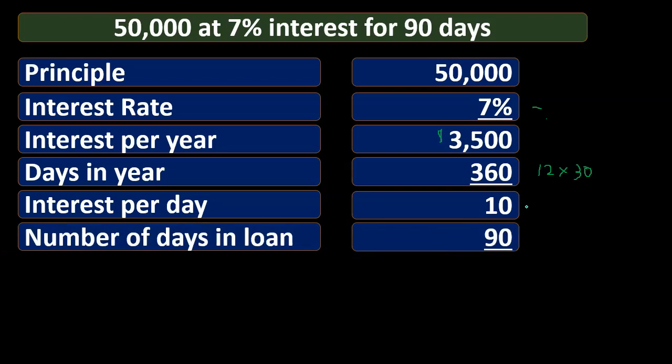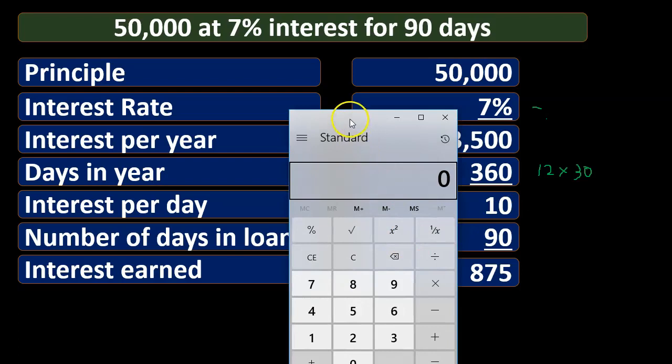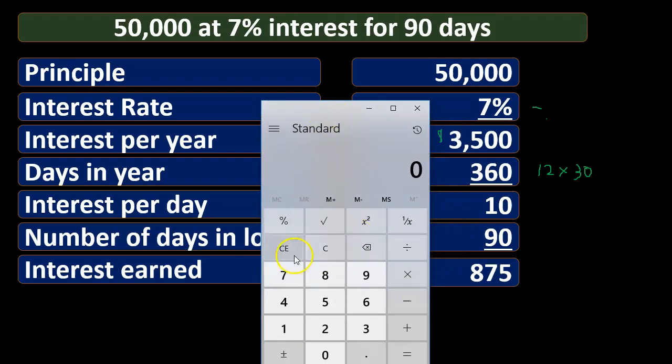Then we're going to take that number times 90 days, and that'll give us 875. Again, not 90 times 10 in this case, because we're using the rounded numbers as we would see in something like an Excel worksheet. So you just have to deal with those kinds of things. If it was 10 times 90, it would be 900.